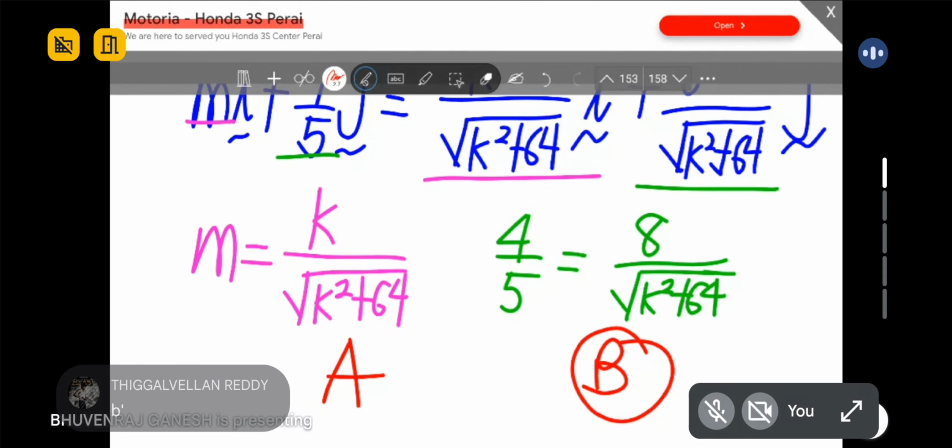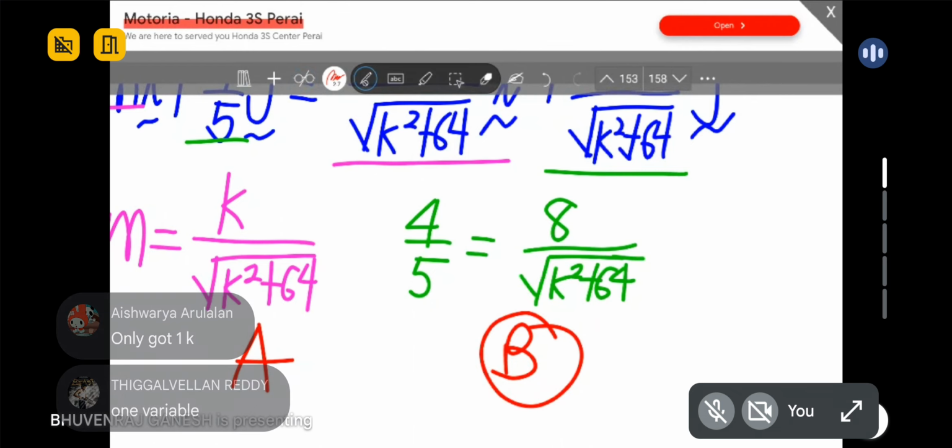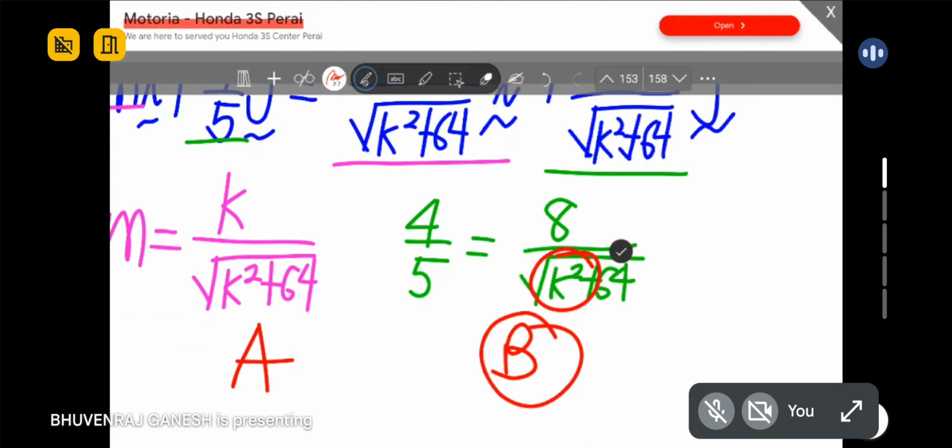What is the reason? Again, a very common sense question. Because, yes, one unknown only. Can you see that you have only one variable? So you always start to solve the one with one variable.